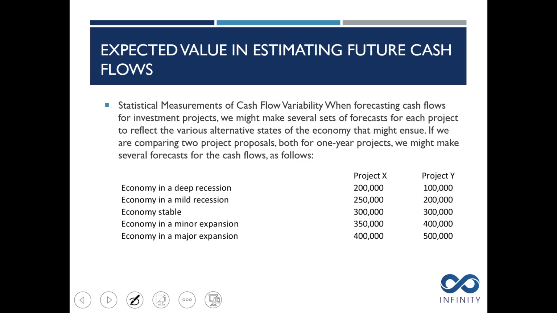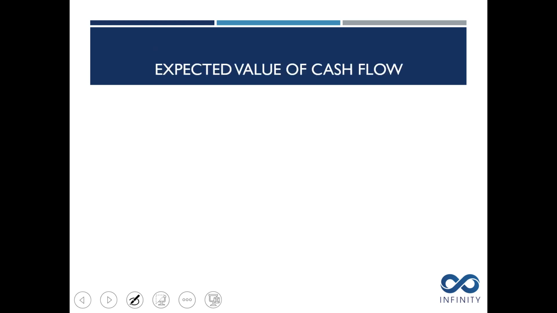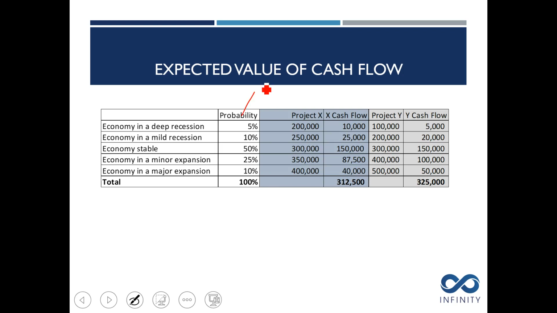So for this, we have to know the chance of deep recession, or the probability of a mild recession. Here we can see the probability of deep recession is 5%, and project X is giving 200,000 cash flows. So for calculating the expected value of cash flow, we multiply 5% with 200,000 and we get 10,000 here.